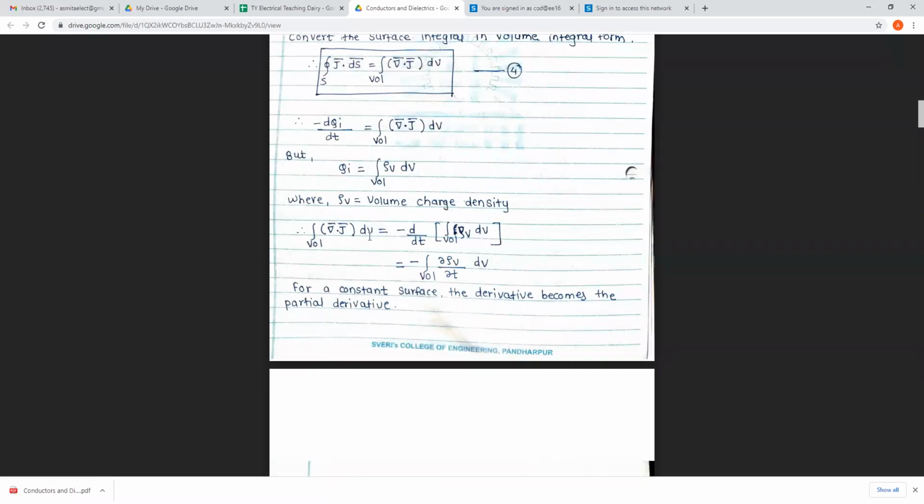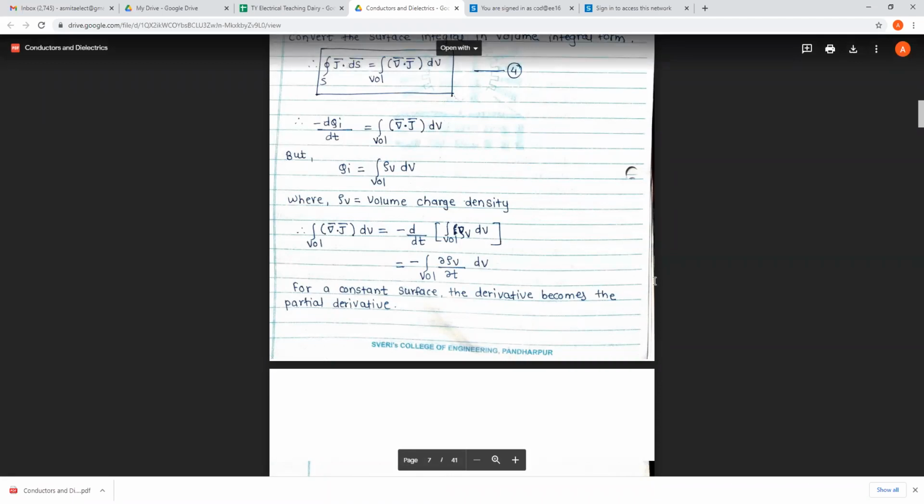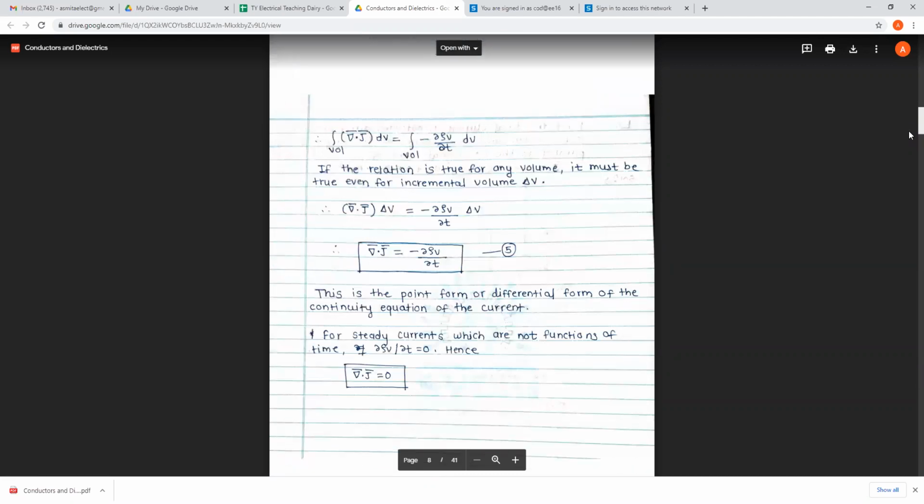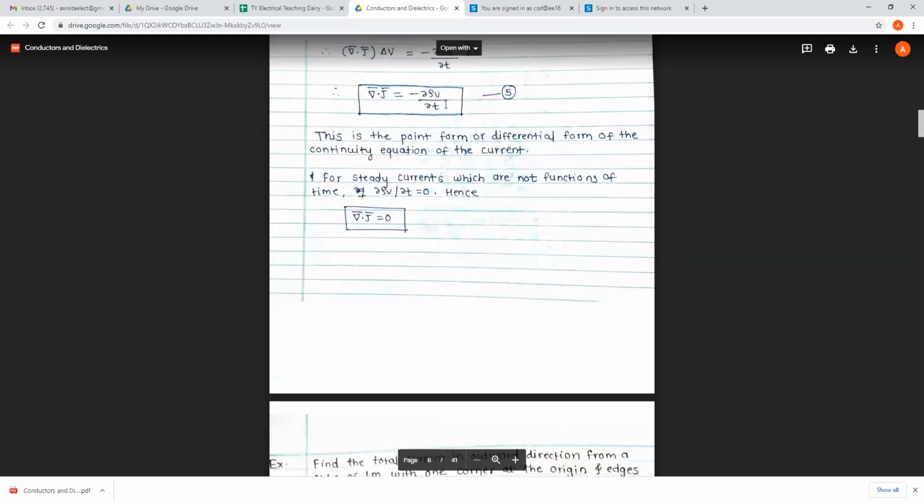You can solve the equation, and again consider the current flowing in the inward direction of the closed surface. Then you can find the final equation as del dot j bar is equal to minus d rho v upon dt. So this is the point form of the continuity equation.